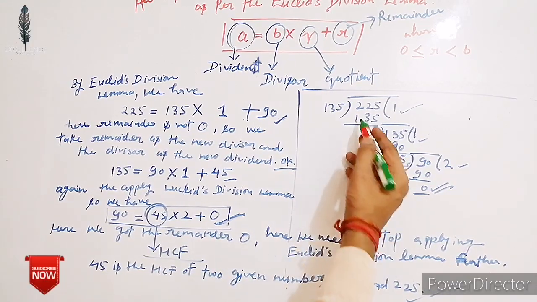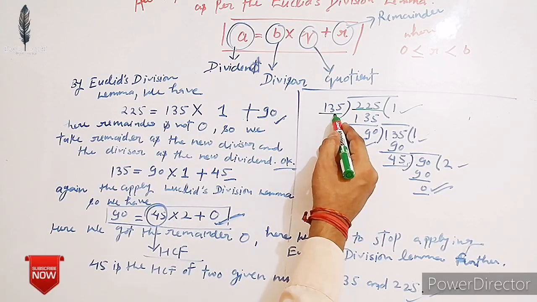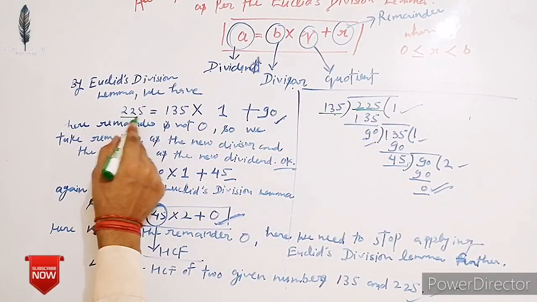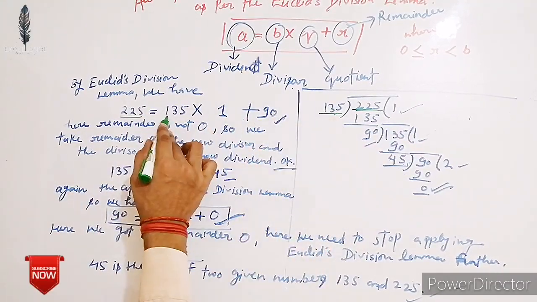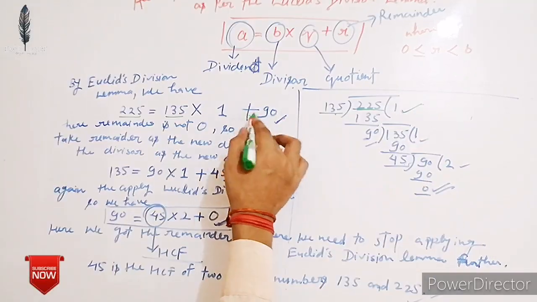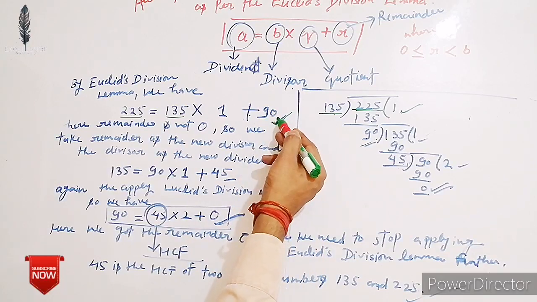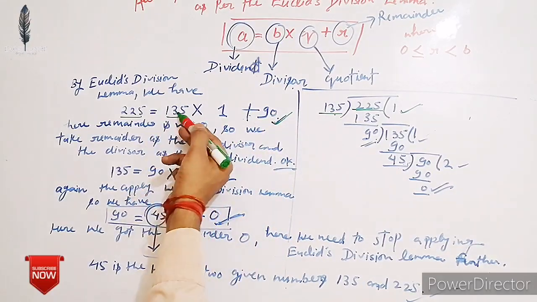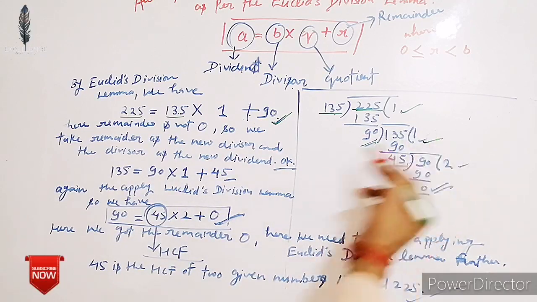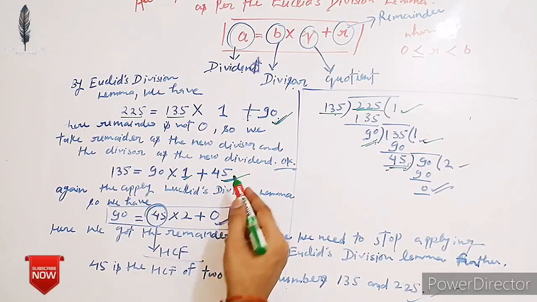Once again, let us understand. 225 divided by 135. Here dividend is 225 and divisor is 135. So 225 is equal to 135 into quotient 1 plus remainder 90. Remainder 90 is not 0, so we take 135 as new dividend and 90 as new divisor. So 135 is equal to 90 into 1 plus 45.